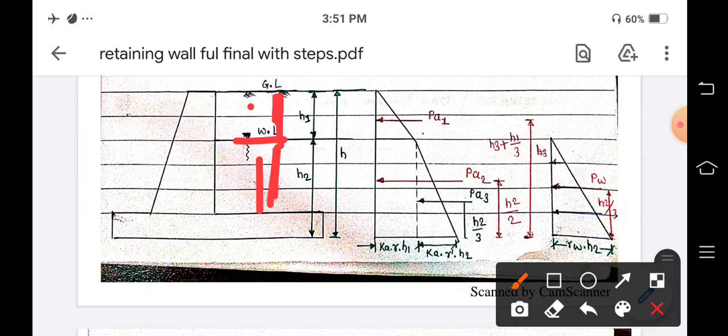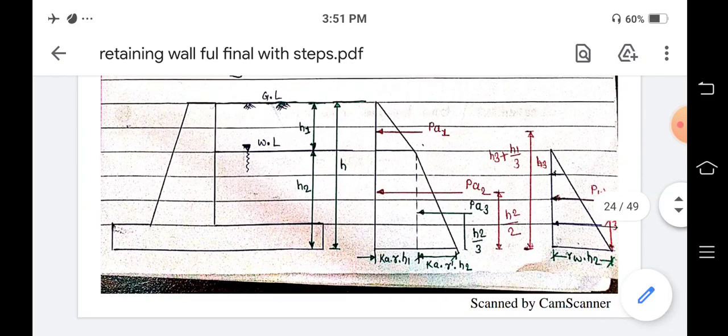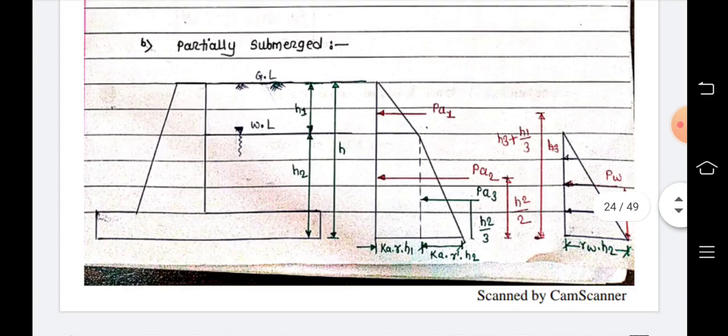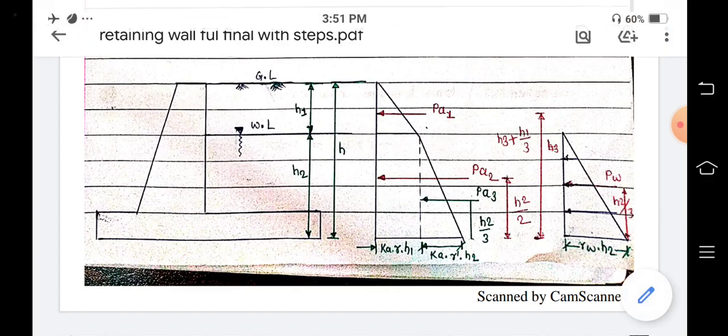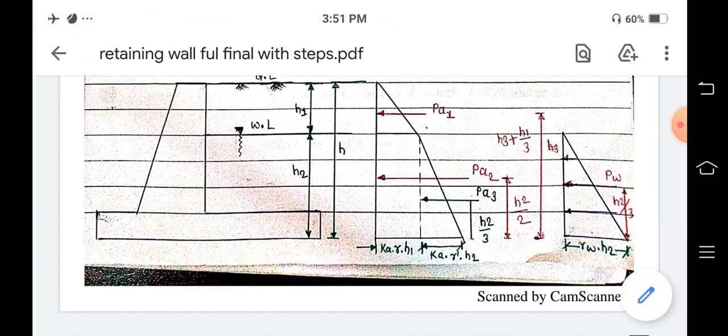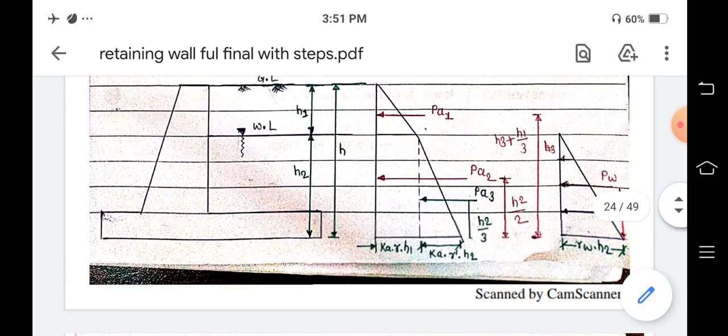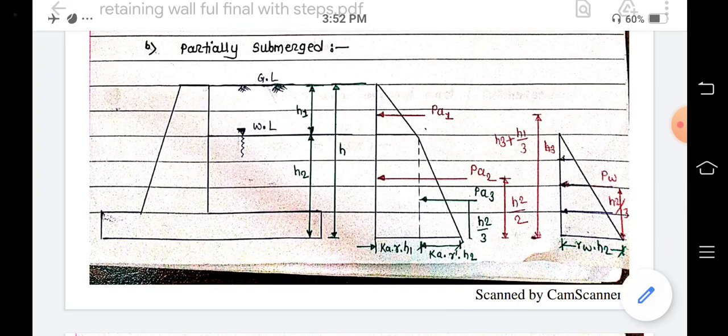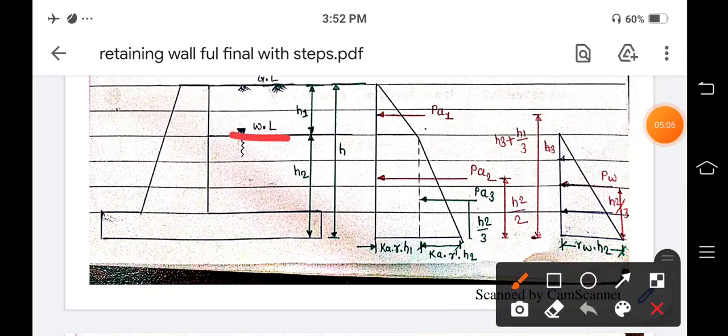If you want to calculate the pressure distribution diagram, it will be like this. For this first case we are plotting it only for soil. This first diagram is for soil and the second diagram is for water, because water is at this level, and this diagram is for soil only.